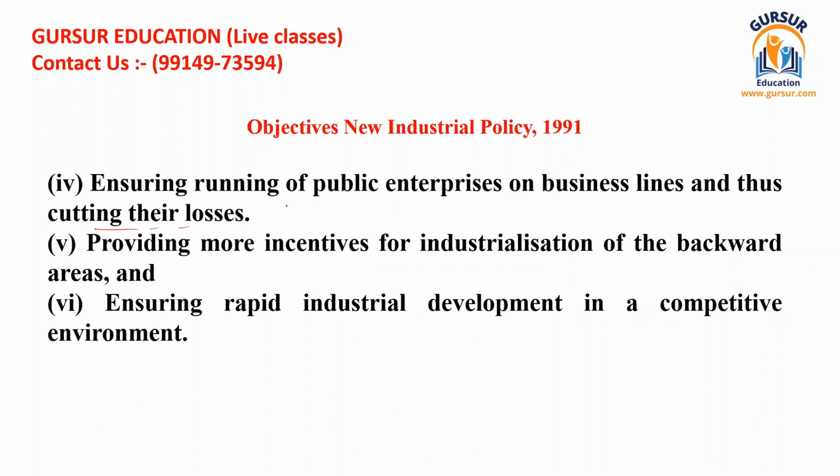Till that time, the public sector was facing so many losses, but now these were run on business lines, and somewhat of a profit motive also came into play. Then providing more incentives for industrialization of backward areas was also done, ensuring rapid industrial development in a competitive environment. So these were offered in this industrial policy.